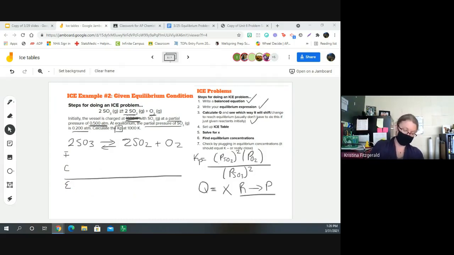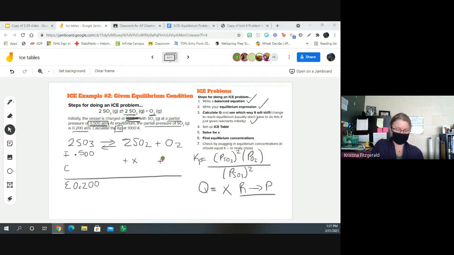So initially, they gave us a pressure of 0.5 atms. So that's our initial pressure. And then at equilibrium, they're telling us the pressure of this thing is 0.2. So in order to make products, I know I'm going to add a certain amount over here of SO2.